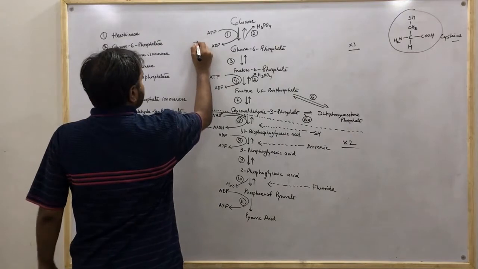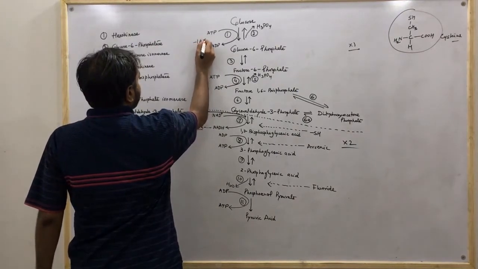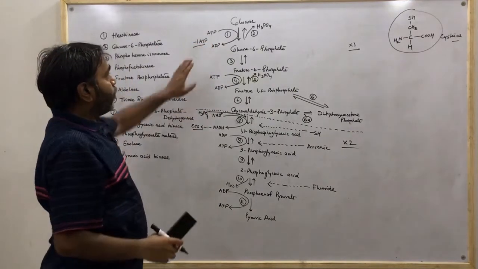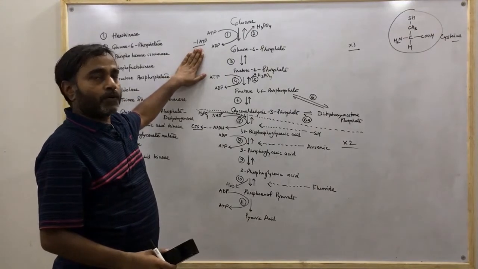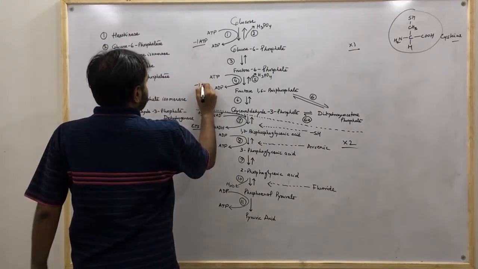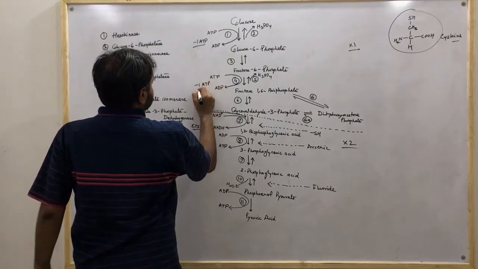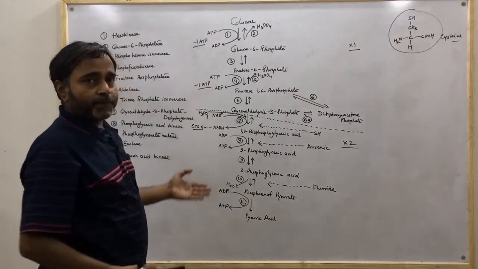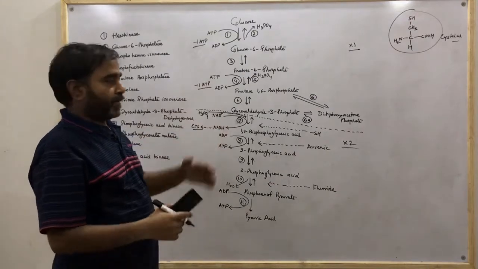Here we may write minus 1 ATP. Why? Because 1 ATP is getting broken down. And likewise here also we may write minus 1 ATP, because in this step also 1 ATP will get changed into ADP.